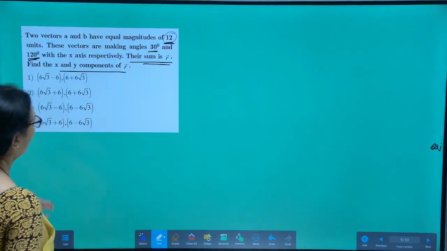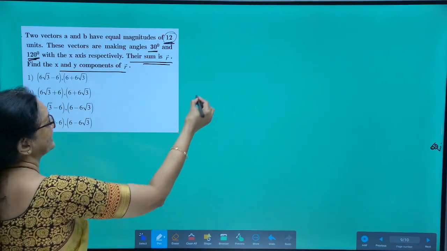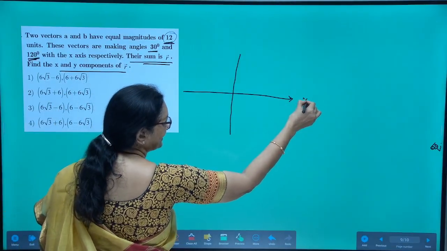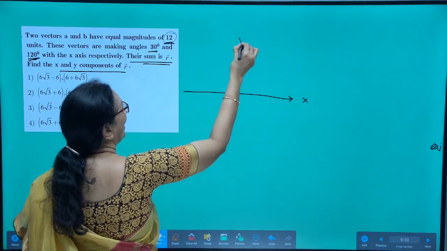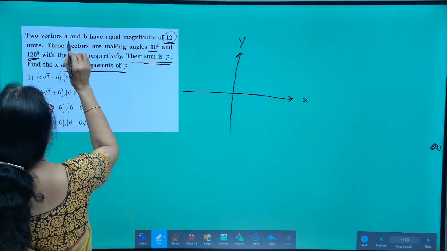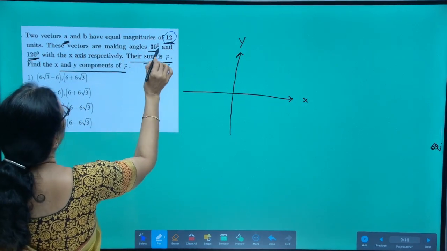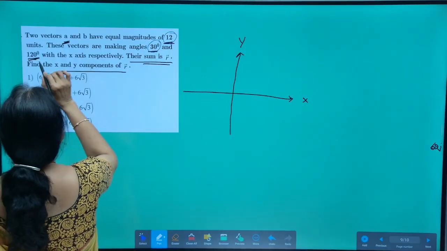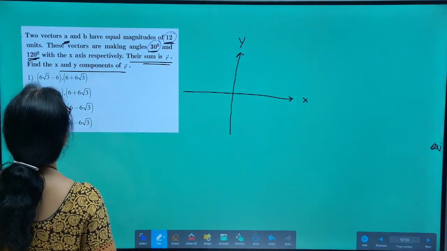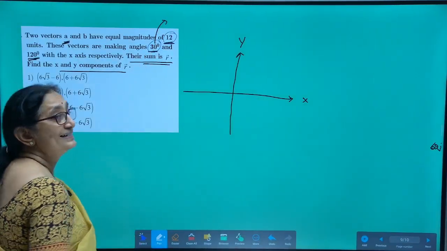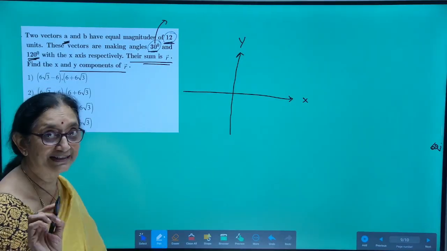Let us start this problem once again, no issue. Okay, look here, I am redrawing the same thing. Let this be x-axis, let this be y-axis. Two vectors A and B have magnitudes of 12, making angles 30 degrees and 120 degrees with x-axis respectively. I had taken this as 60 degrees previously, that is the problem.